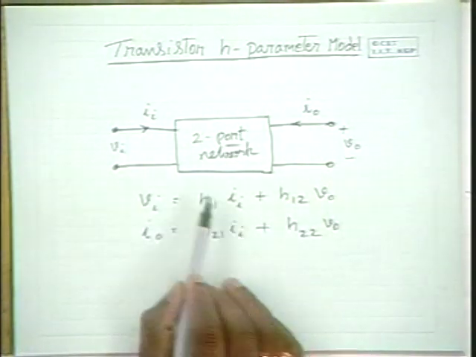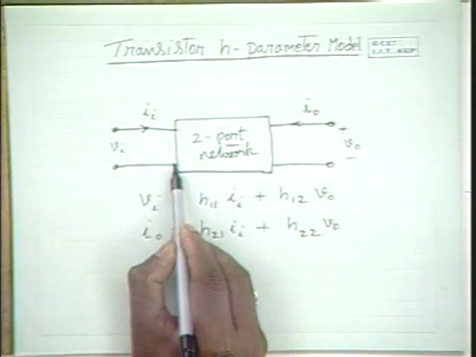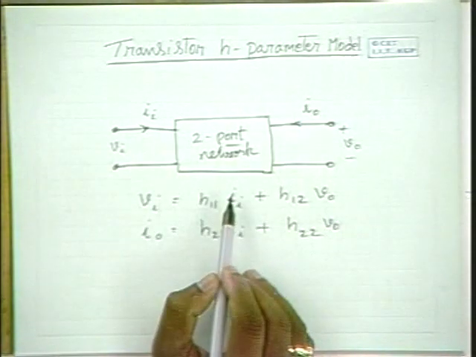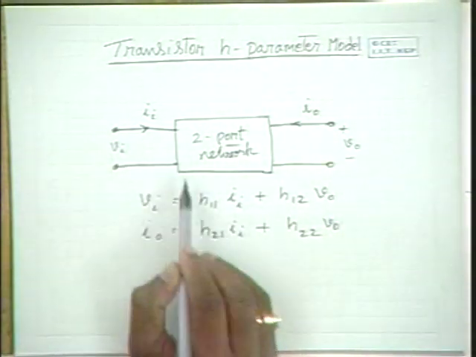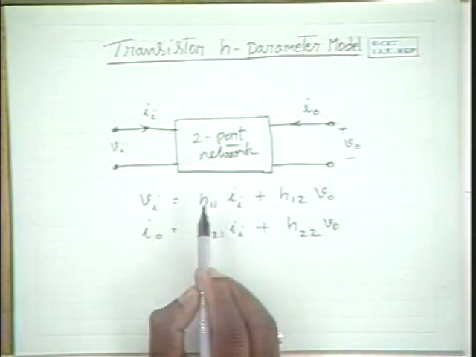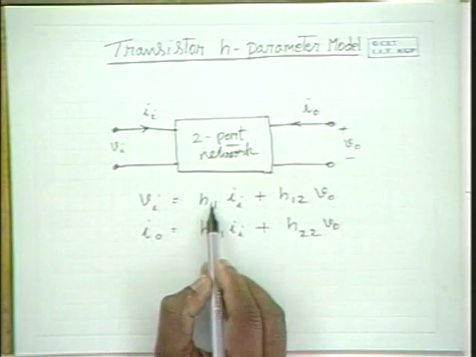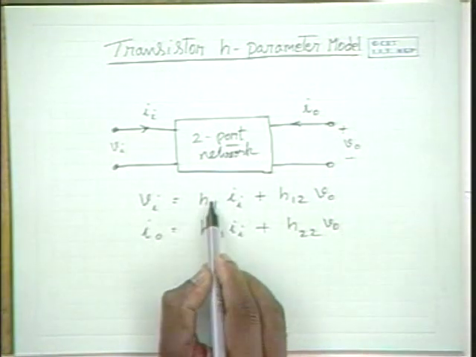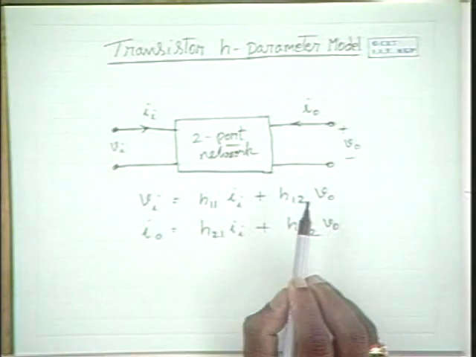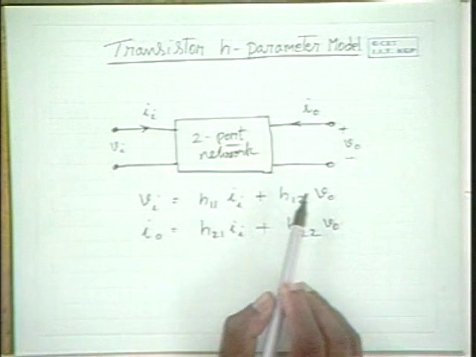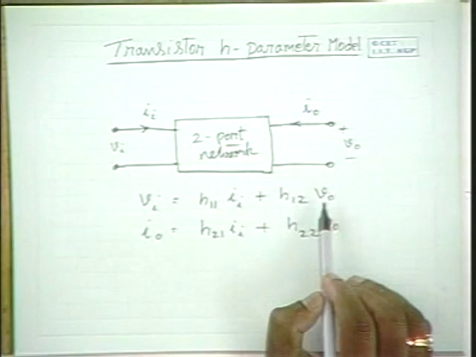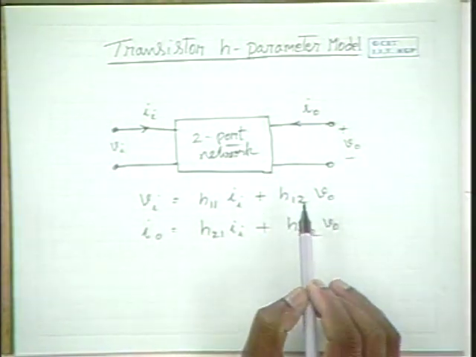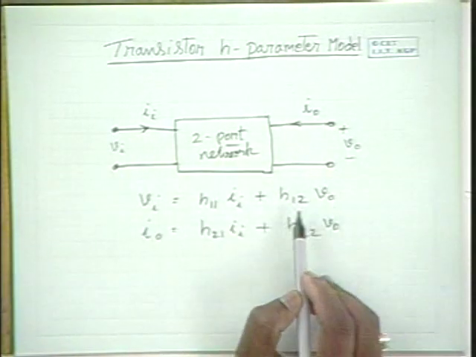Vi and Ii are both input quantities, therefore they are related to port 1, hence this parameter is given the suffix H11, whereas H12 is a relationship between an input and an output quantity, Vi and V0. So between port 1 and port 2, that's why it is H12.